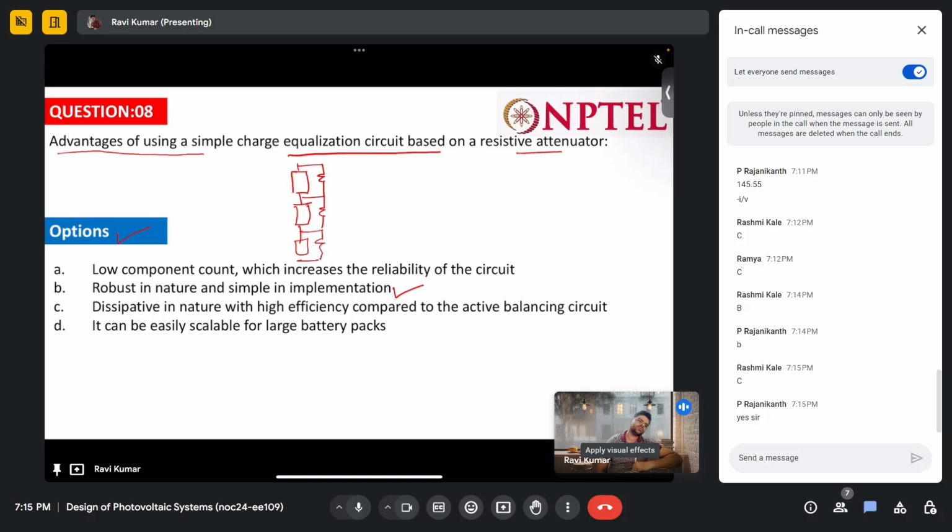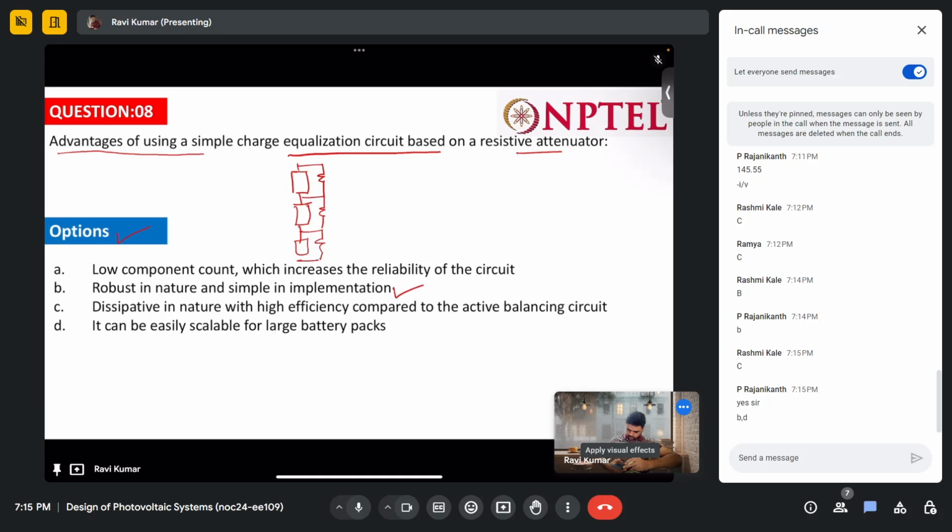Okay, then identify those options as well. Okay, B and D. It can easily scale for large battery.